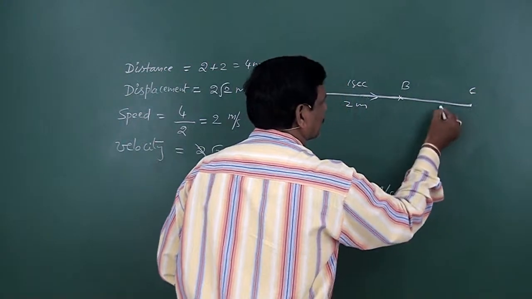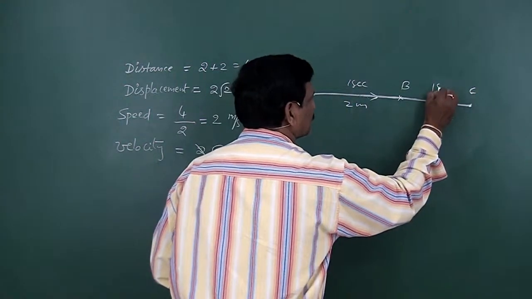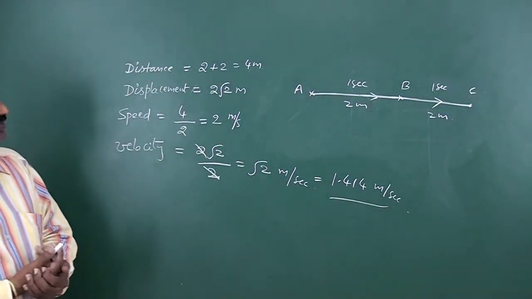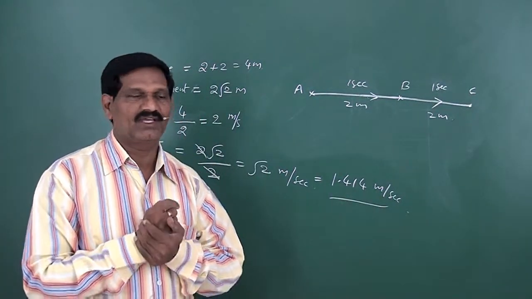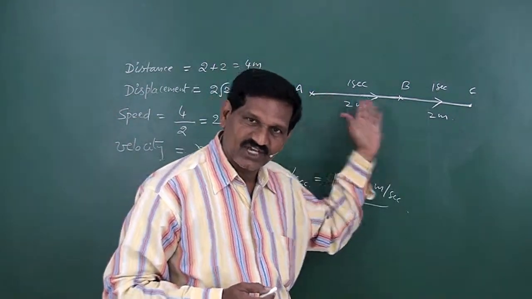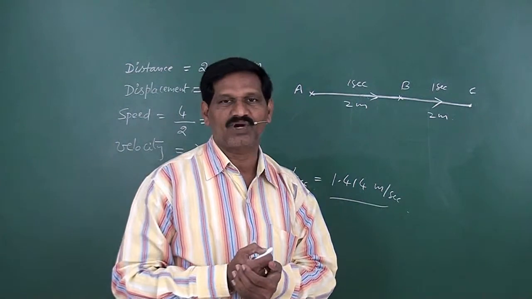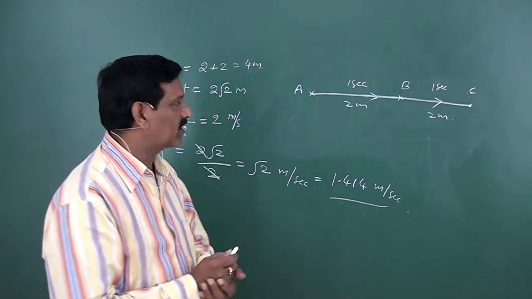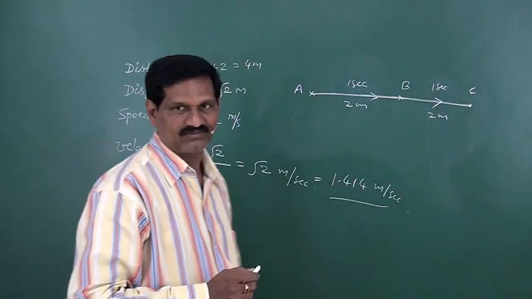This is C, it reaches the point C, 2 meter in the same time interval of 1 second. So what is the difference between this example and the previous example? Here the particle moves in the same straight line in the same direction, whereas in the previous example the particle moves in different directions.